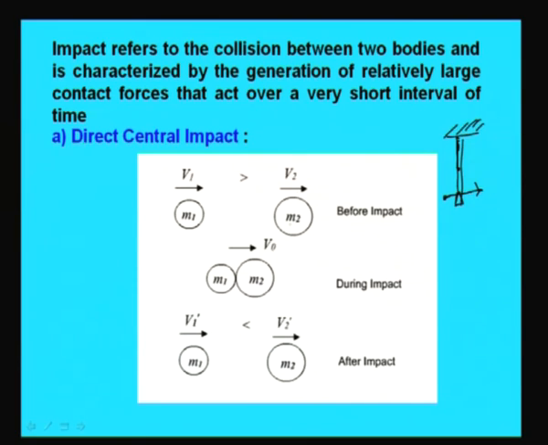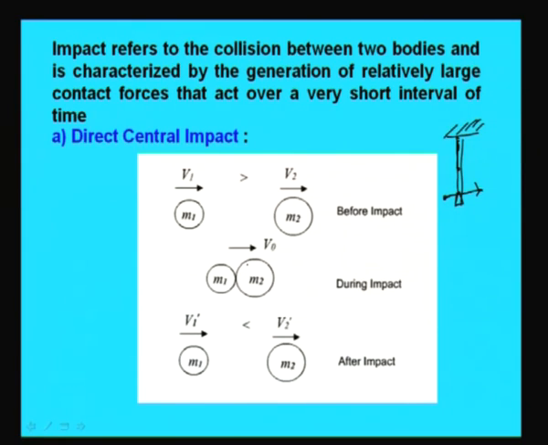We can say small bars instead of particles. The velocity v1 is greater than v2, that means the velocity of mass m1 is more than the velocity of mass m2. Before impact, this is the situation. Then, since v1 is more than v2, the body of mass m1 catches the body of mass m2, and then there is an impact.